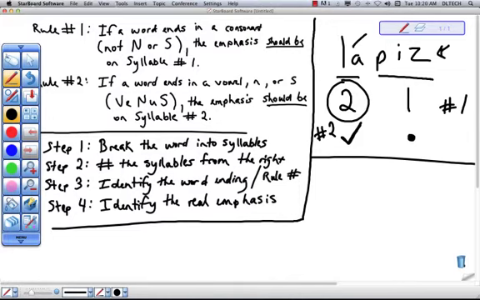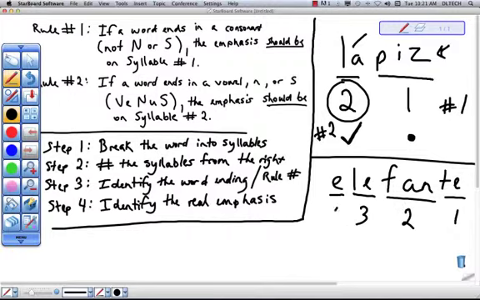Let's take the word elefante. All right, step number 1, we got to break the word into syllables. So we've got e-le-fan-te. Step number 2, we're going to number them starting from the right. So we have 1, 2, 3, 4. Step number 3, identify the word ending and its rule number.